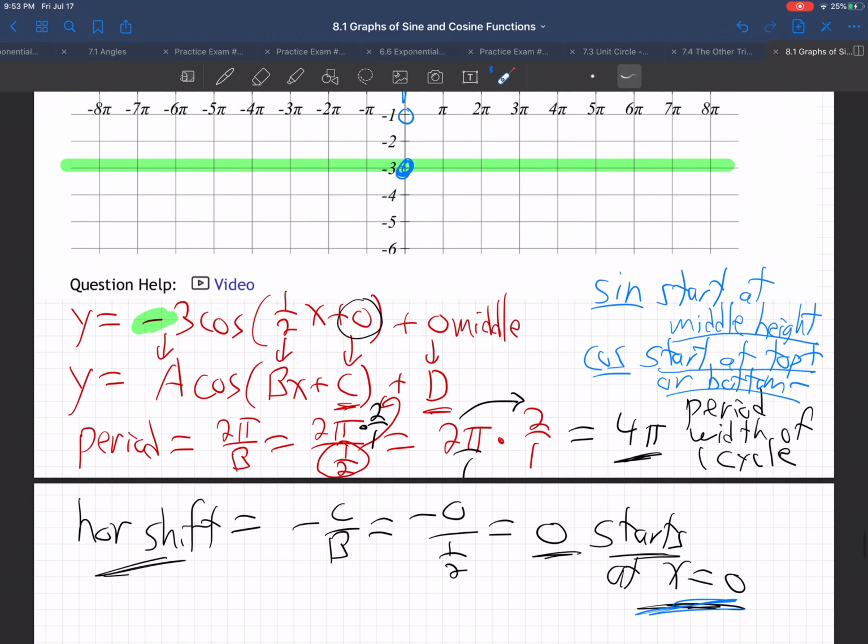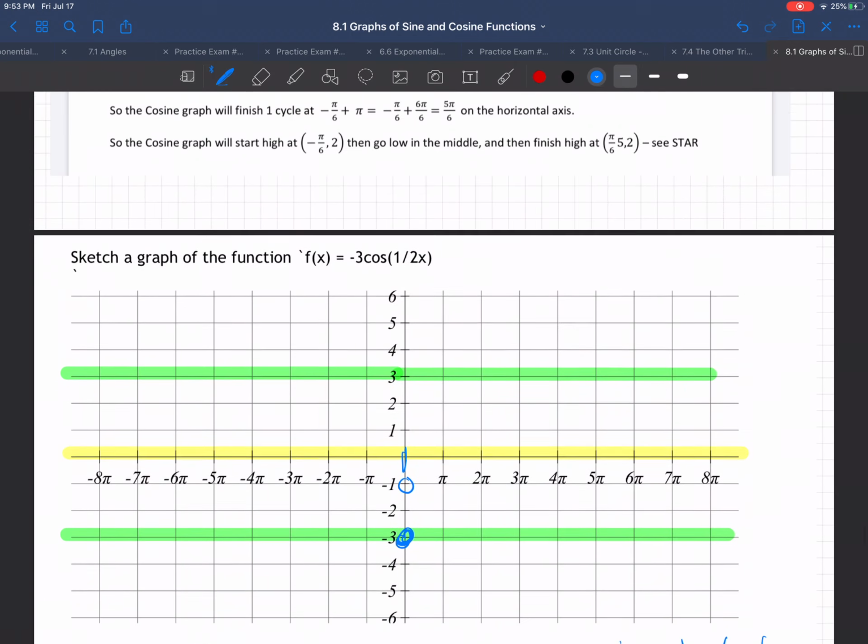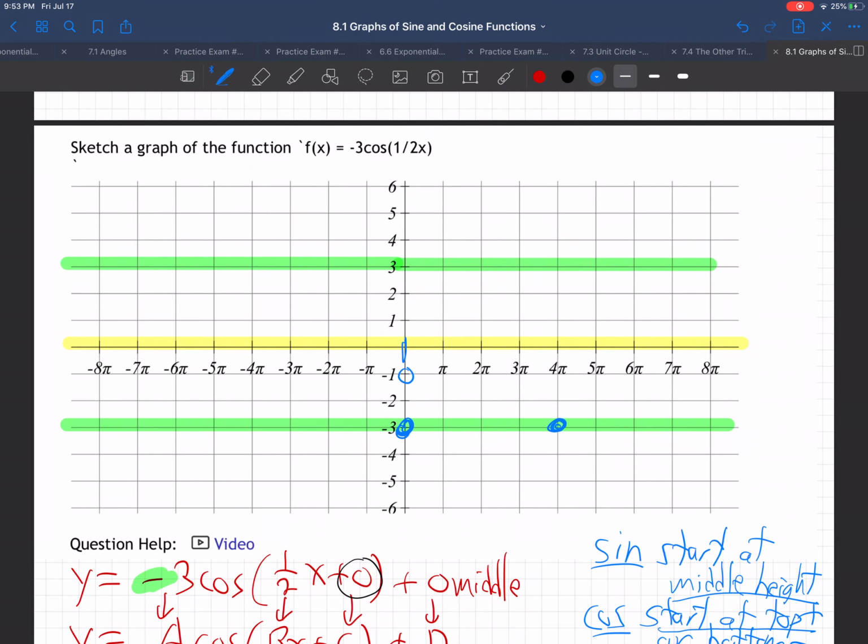And what is the period? That's the width of one cycle. 4 pi, the width of one cycle. So at 4 pi, it's going to be back here again. Halfway through, it's going to go high. Do you see how I figured that out? 4 pi is the width of one cycle. So by 4 pi, it's got to complete one cycle.